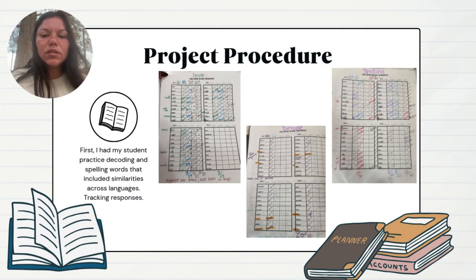What I did with this data was I looked for commonalities across English and Spanish, as well as the differences in her performance in English. And I took note of some of the reversals and vowel teams and things that she needed to be perhaps exposed to in order to improve her performance.